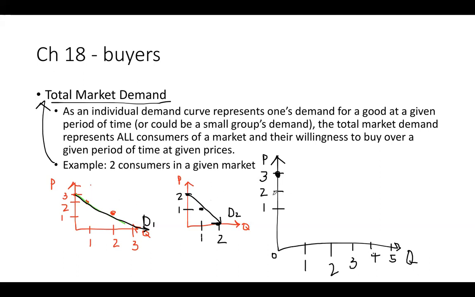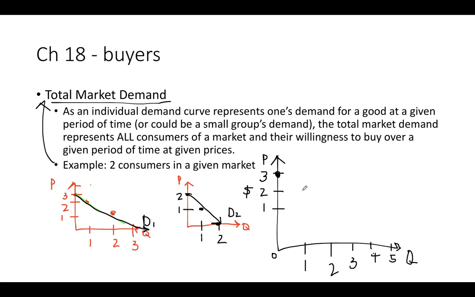So at price equals to 2, on this left-hand side, we're looking at our price equals to $2 right here. At price equals to $2, I still have 0 demand for my second individual, but my first individual now demands 1 quantity of whatever good this is.